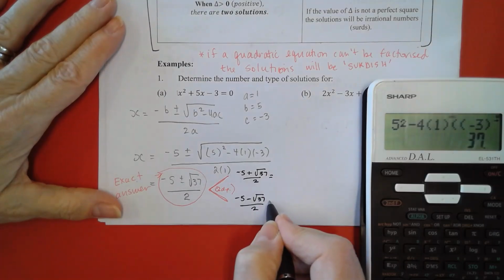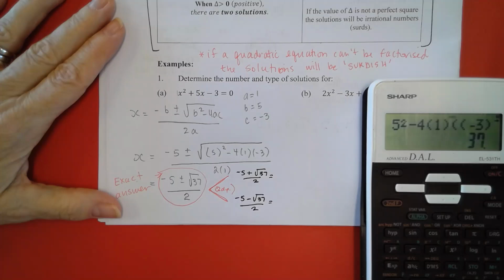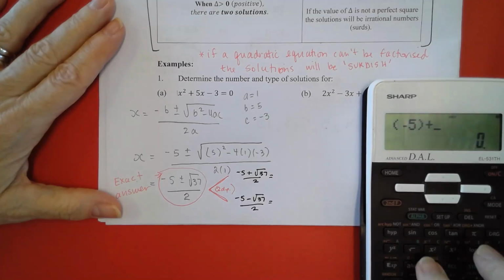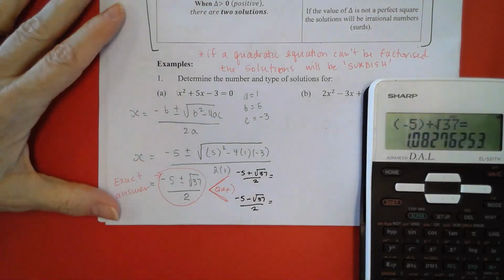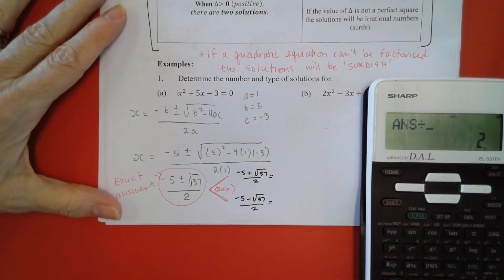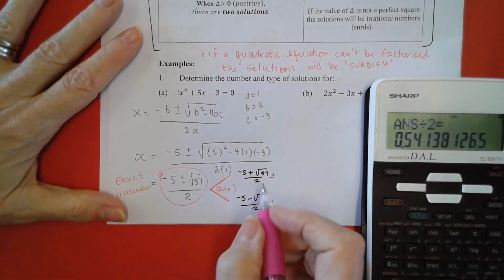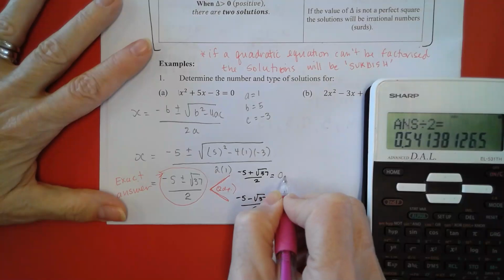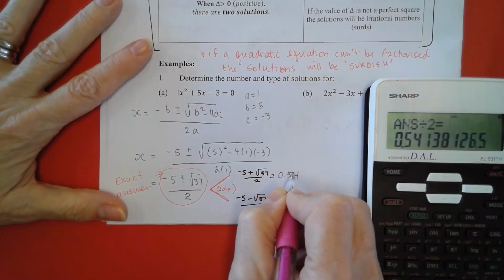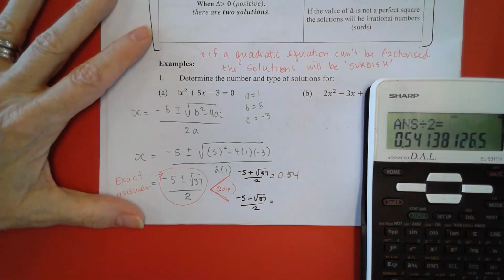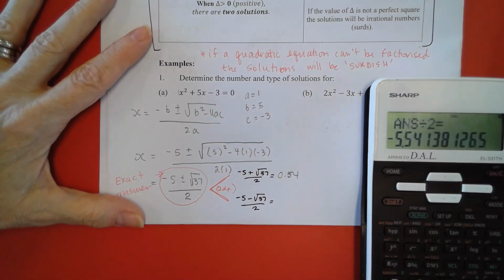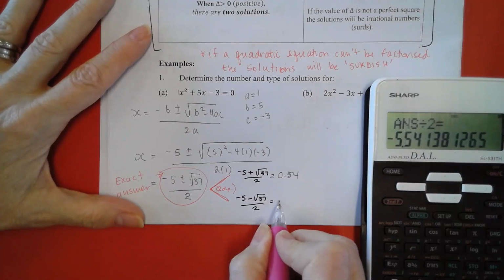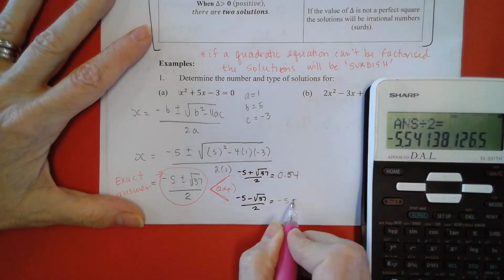And then I use my calculator and I get a decimal. Make sure you hit equals before you divide by 2 or you'll get it wrong. See if you get the same thing as me. 2 decimal places. If you don't hit the equals before you do, is that what you got?